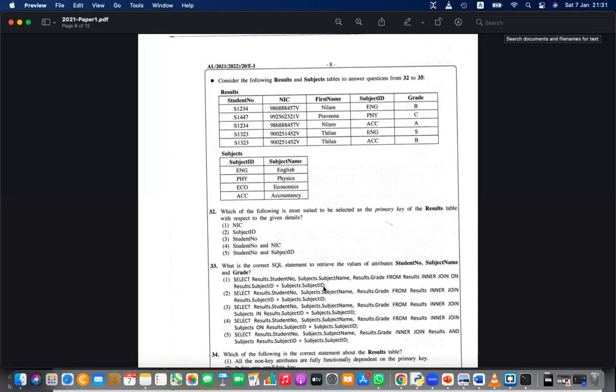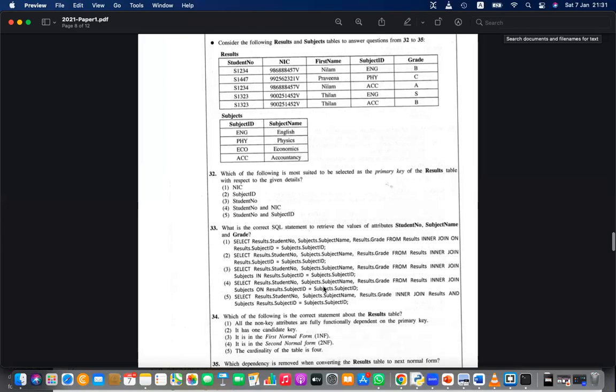But the problem is this: when an inner join is applied, you don't need to say from, because it's not a where clause either. You are going to join the tables together.